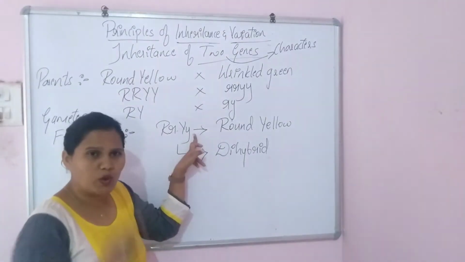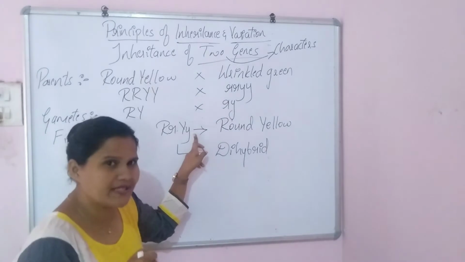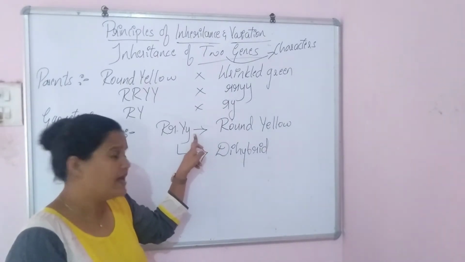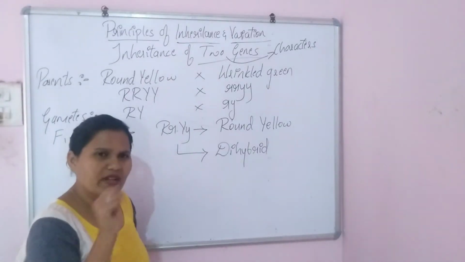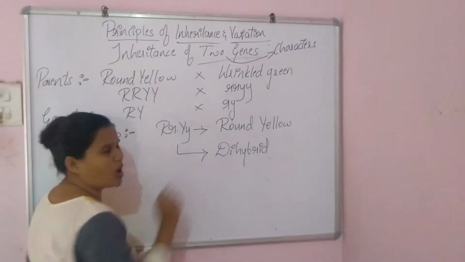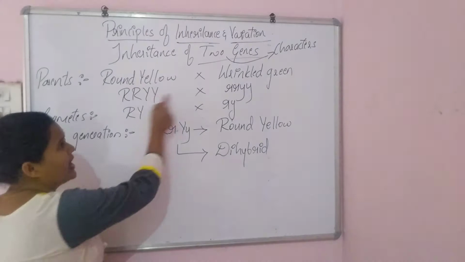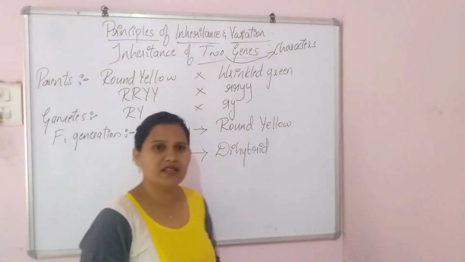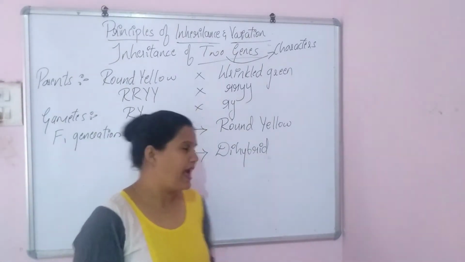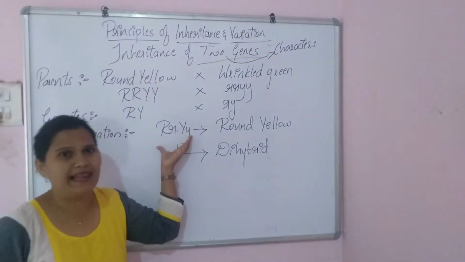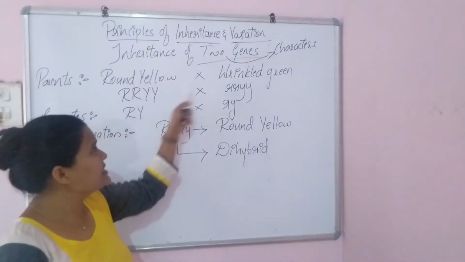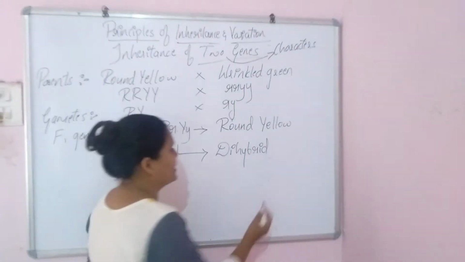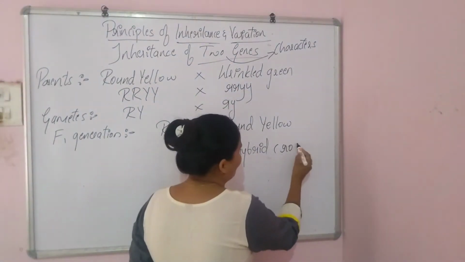And here also the Y, the color of the seed, is one more character, the second character. It also has two alleles, dominant and recessive. So this is called the dihybrid, meaning we have taken two characters and crossed them, right? And they have different alleles. That's why it is called the dihybrid, and this kind of cross is called the dihybrid cross.